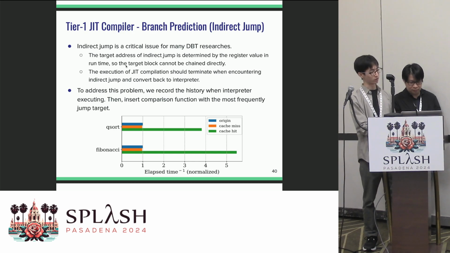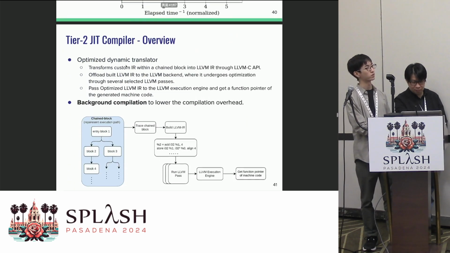To address this problem, we record the history of the target address when the interpreter is executed, and then once the JIT compiler is invoked, the most frequent jump target is used, and we generate a branch instruction for the most frequent jump target.